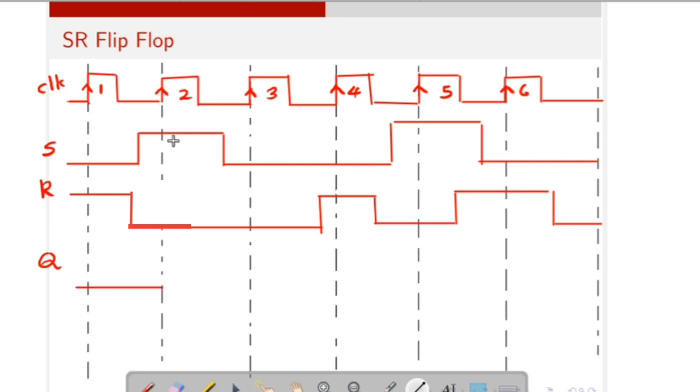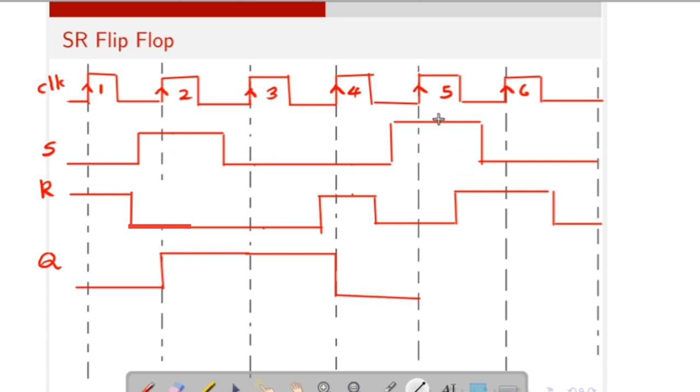During the second clock pulse S is equal to 1 and R is equal to 0. So that means during the second clock pulse it is 1. Then during the third clock pulse at this point S is equal to 0 and R is equal to 0. That means it retains the previous state in the third clock pulse. Then fourth clock pulse S is equal to 0 and R is equal to 1 means it goes to 0 for the fourth clock pulse.